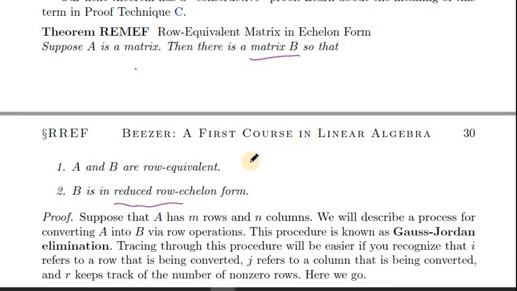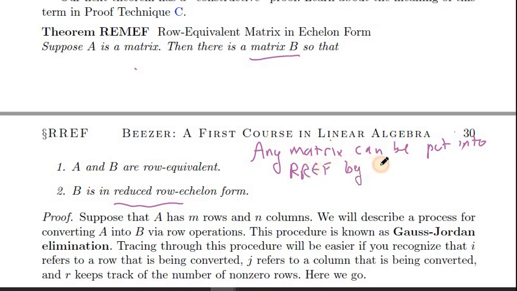So I can say that any matrix can be put into reduced row echelon form by means of row operations. Okay, I can use row operations to take any matrix and put it into reduced row echelon form. And the procedure for doing this is called Gauss-Jordan elimination.